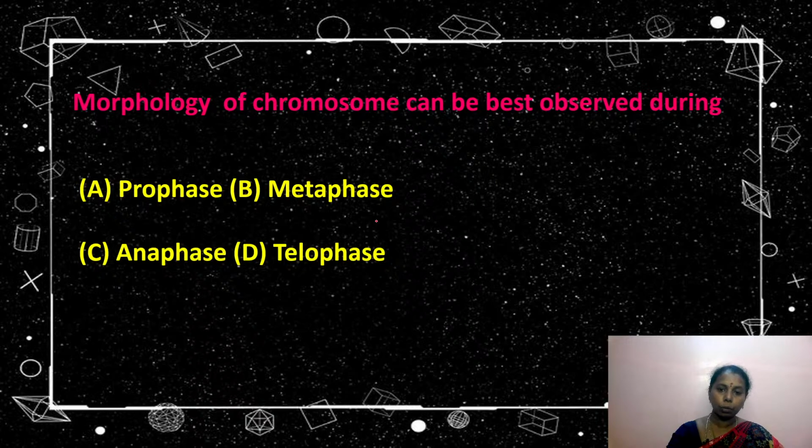Morphology of chromosome can be best observed where? Even in the previous question's explanation, I was telling that to study the morphology, they will be using colchicine. Yes, B will be incorrect for the previous one. Now, morphology of chromosome can be best observed during dash phase.